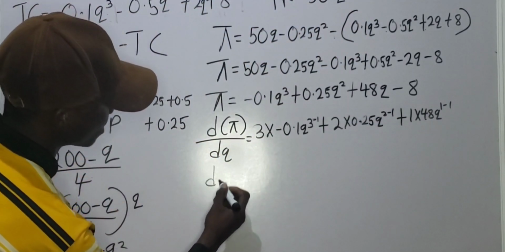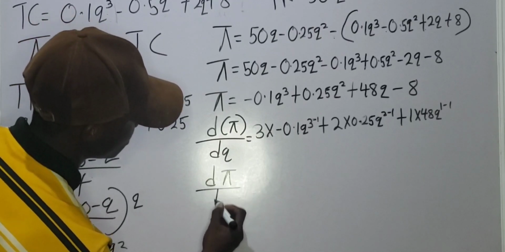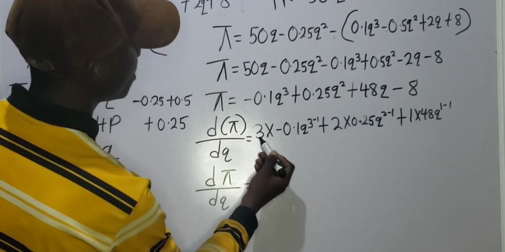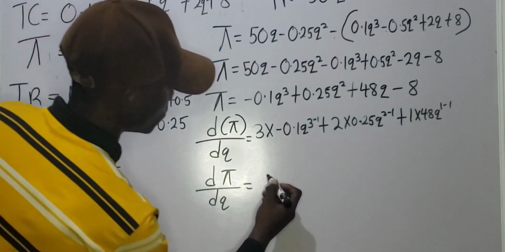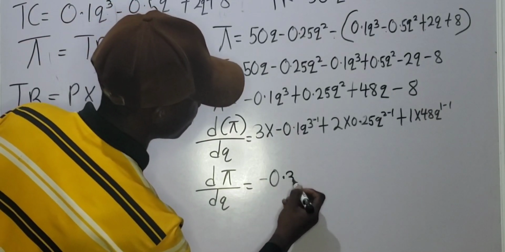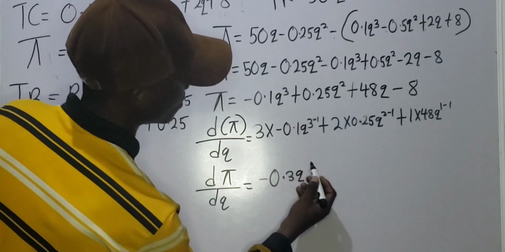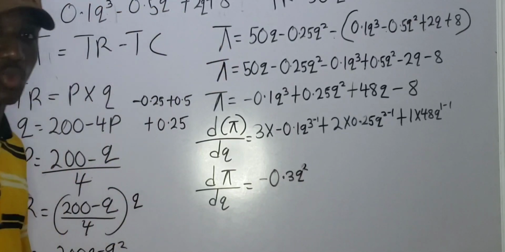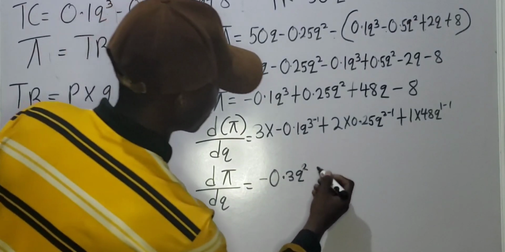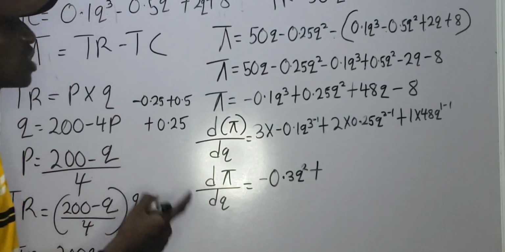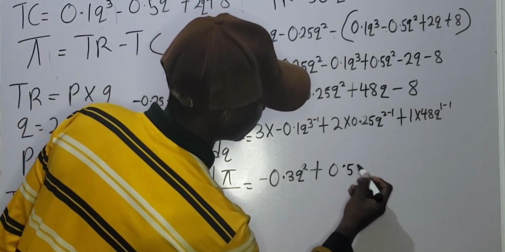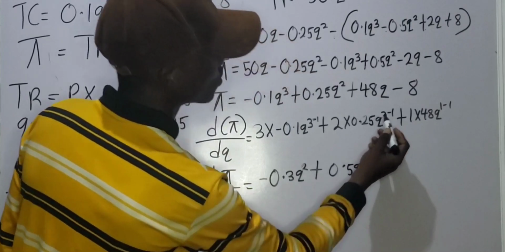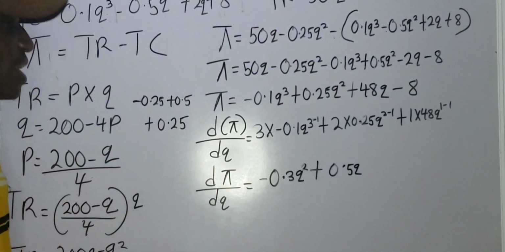So for this I'm going to have d pi over dq equals 3 multiplied by negative 0.1, that is negative 0.3q, and 3 minus 1 is 2, so I'm going to have negative 0.3q squared. Do you understand? Plus 2 multiplied by 0.25, that is 0.5q, because q raised to the power of 2 minus 1 is q raised to the power of 1, that is q.